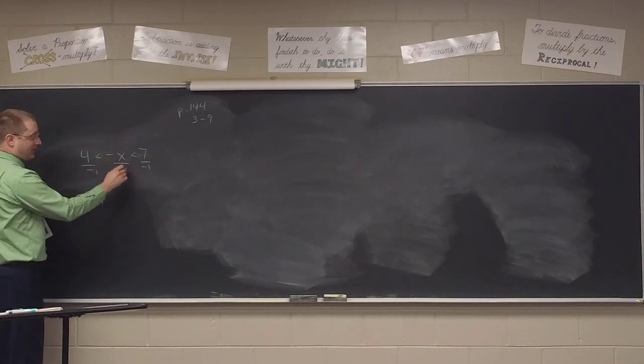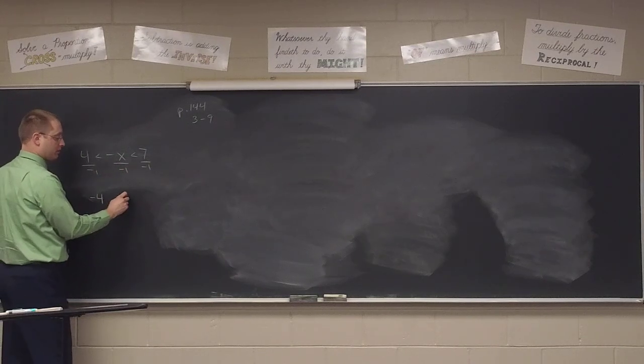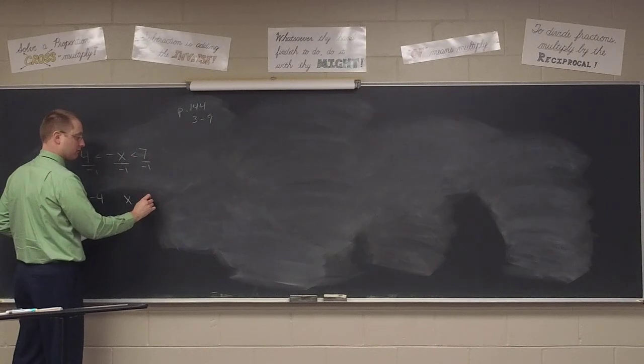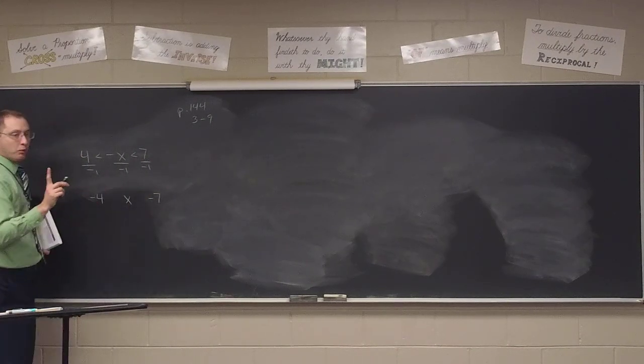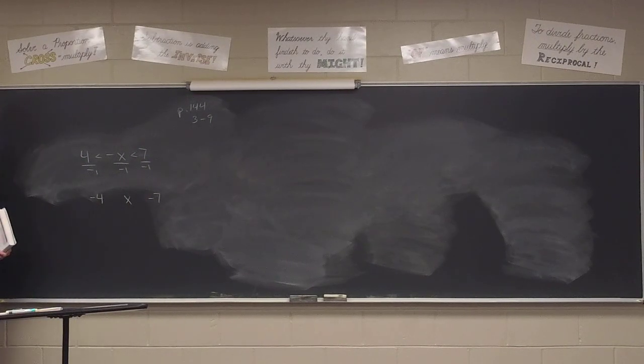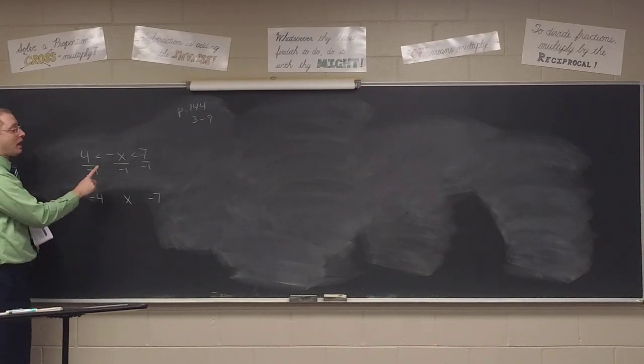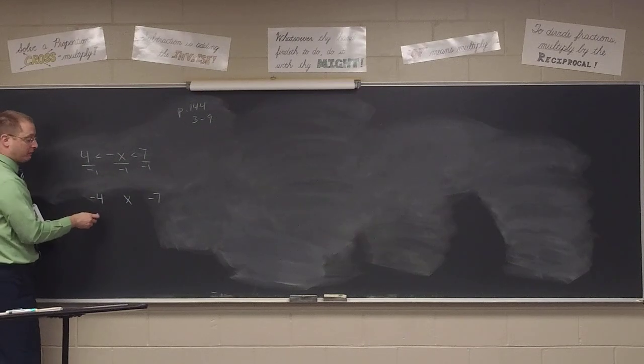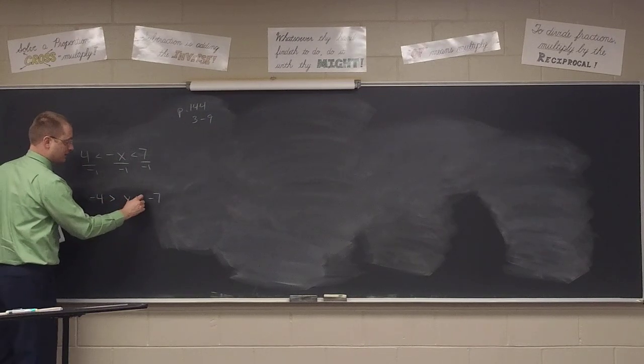My -x becomes +x, and my 7 becomes -7. However, anytime you multiply or divide by a negative, you have to flip the inequality. Including in a compound inequality, my less thans both must become greater thans.